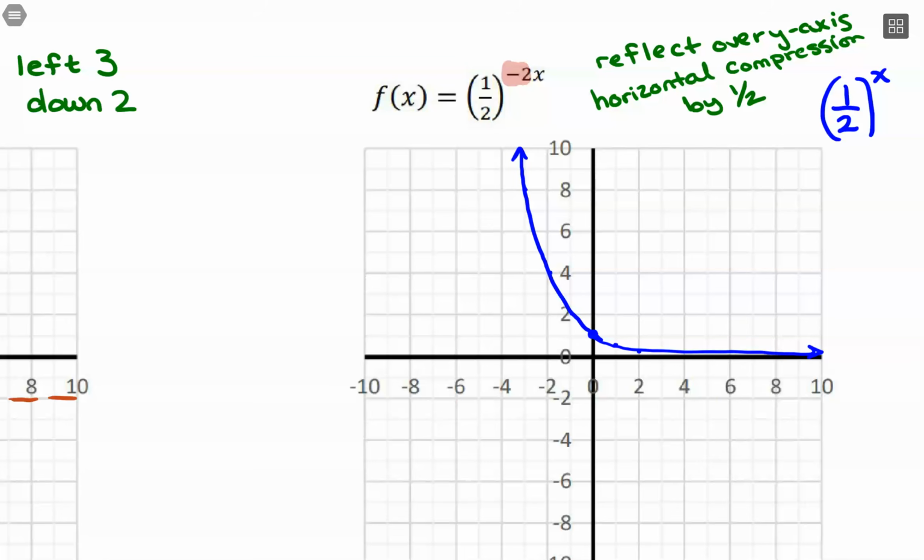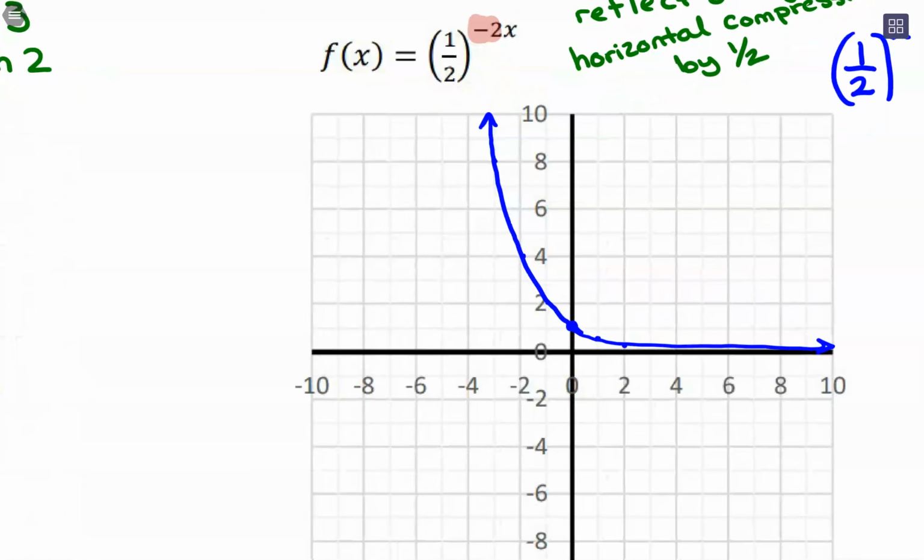So let's go ahead and reflect first. So I'm just going to move the points to the other side of the y-axis. There. So that we have something like this.